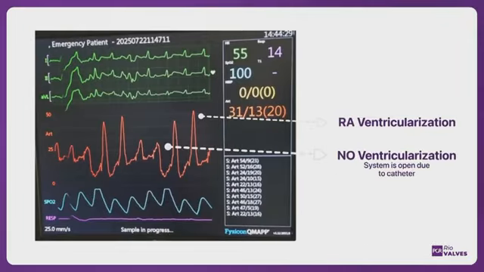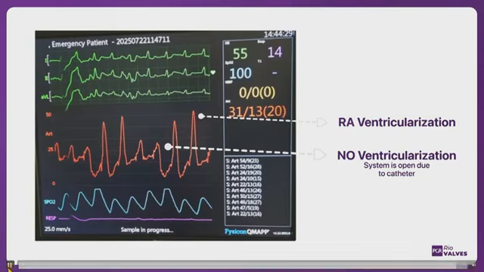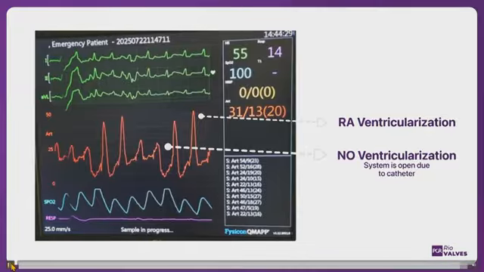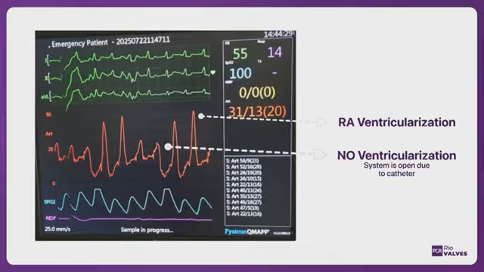And you could see this imaging worth a fortune, because you could see the ventricularization of the right atrial pressure when the system is working properly, and you will see this is not ventricularized because the catheter is interfering with the valve closing. So you see the ventricularization of the right atrium, and without. I love this imaging because we had the wire inside.